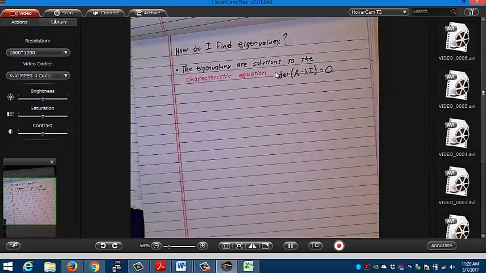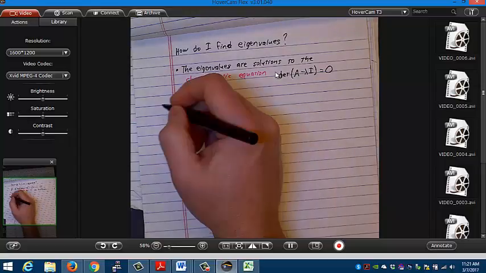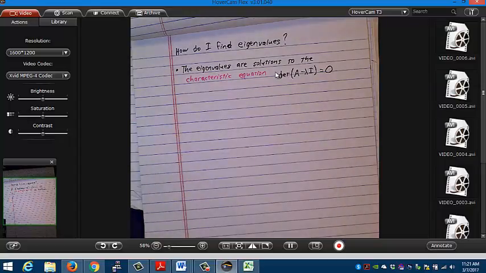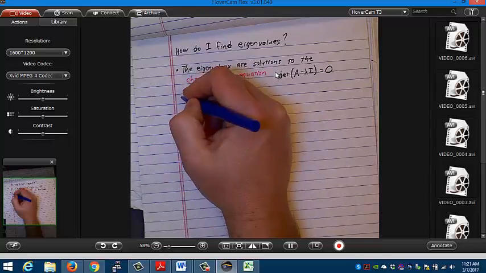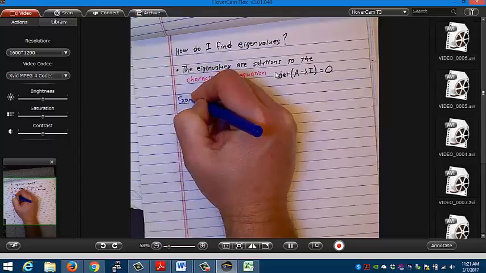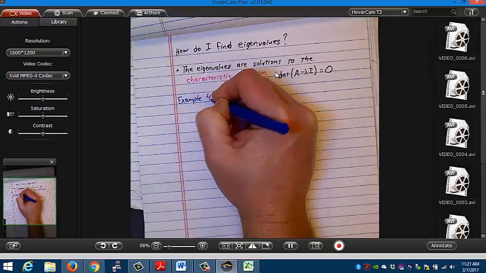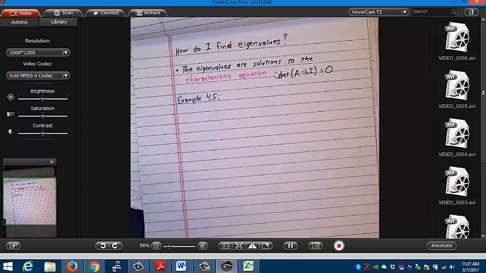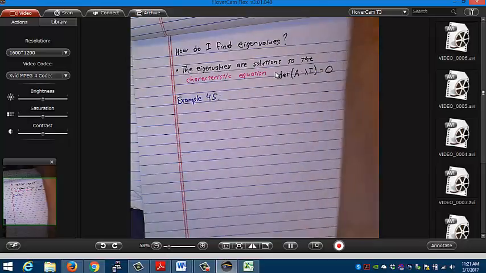And I noticed that you had a nice example. Yeah, it was example 4.5 did a pretty nice job of this. Maybe we should go through that. So in example 4.5, I don't have the matrix. Let me open the book and see what it was.